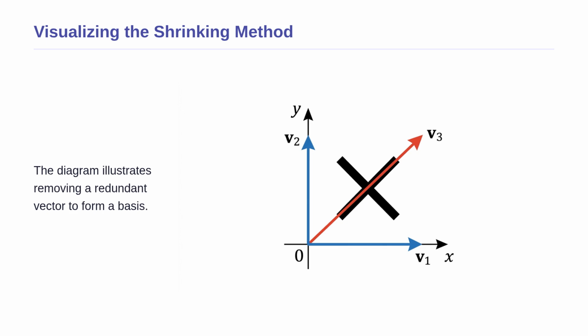Then there is a red vector, v3, pointing diagonally. Because this red vector can be reached by simply combining the 2 blue vectors, it offers no new fundamental direction. It is entirely redundant. By identifying this, we can safely cross it out, as shown by the large X. The remaining 2 blue vectors are independent and span the plane, forming our perfect non-redundant basis.